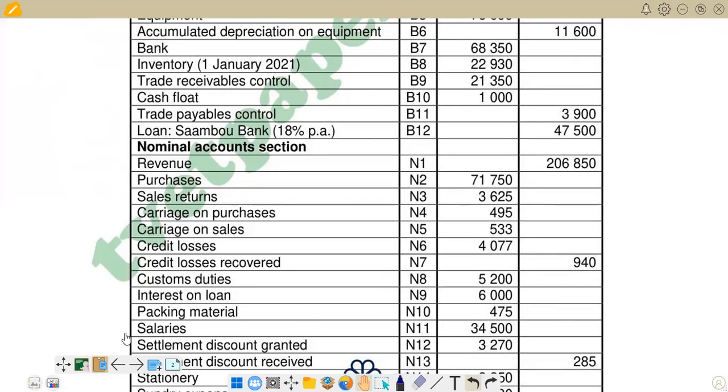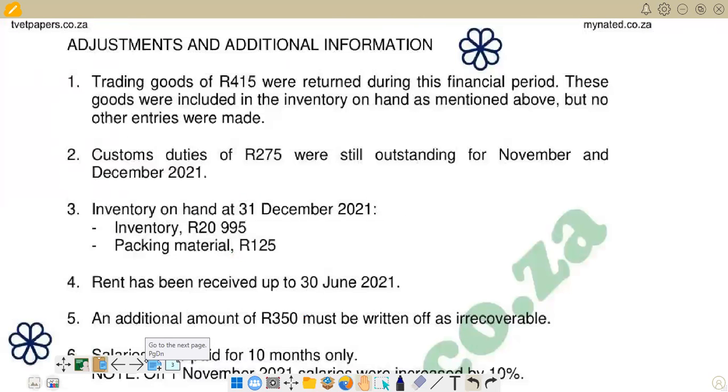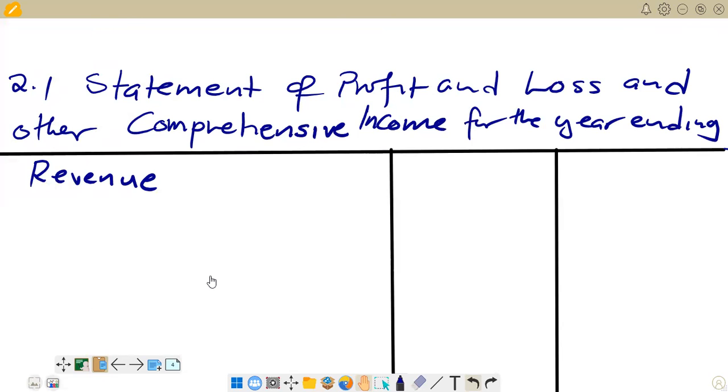So we are just going to do that on the answer section. Here we make a summary of the calculation. Remember, we are saying 206,850, then we subtract 3,625, and then we subtract again 3,270.